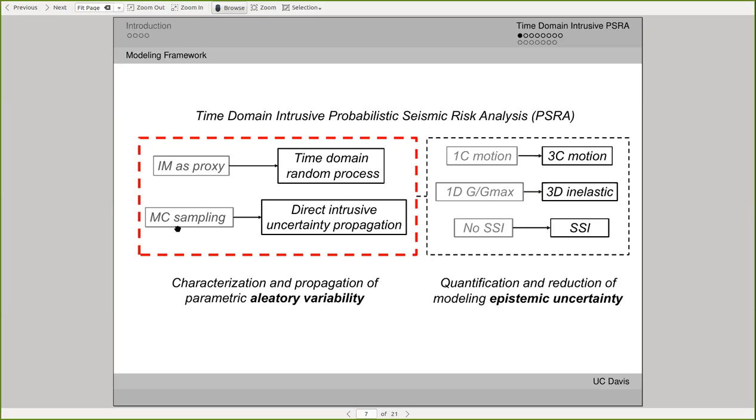And instead of using deterministic Monte Carlo samplings to do the uncertainty propagation, we have been able to do the direct intrusive uncertainty propagation that could directly propagate the uncertain motions to the uncertain structures, which will give us a complete and accurate dynamic probabilistic structure response.